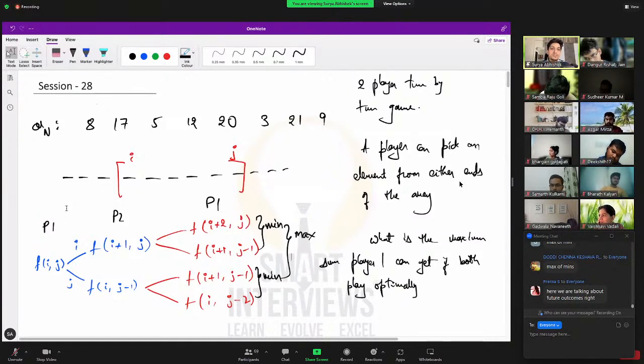Here we are talking about future outcomes, right? This is not future, because in each step the array size is reducing. So I plus 2, J is not future here. In fact, it is still past itself.